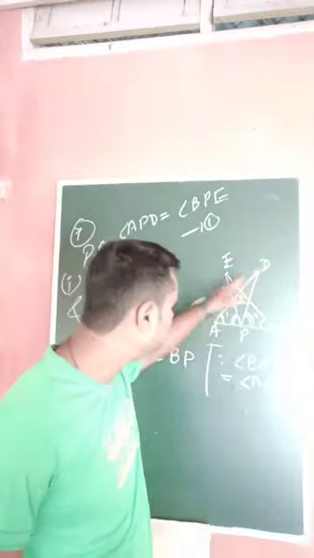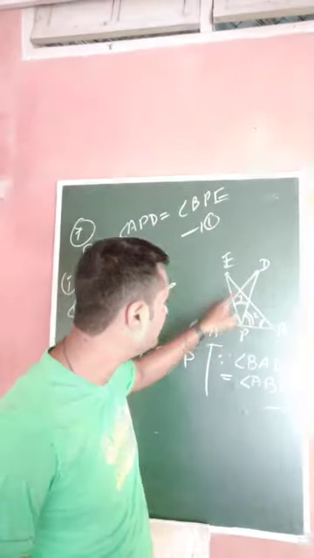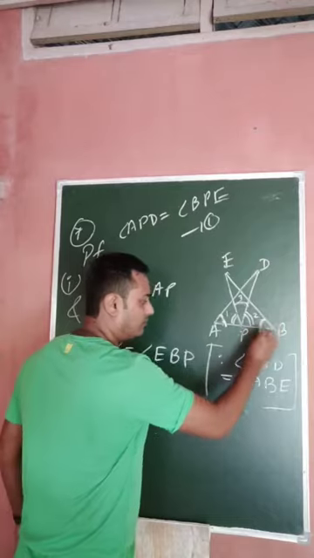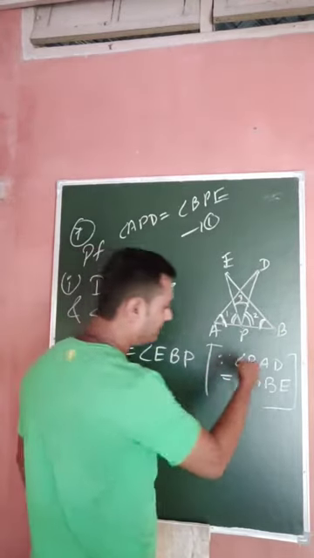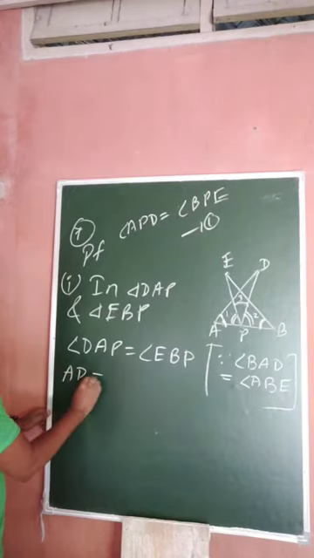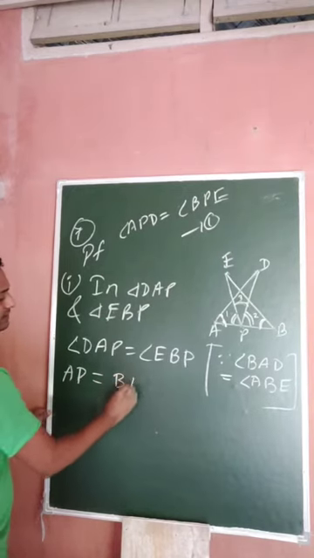It is given that DAB, that means BAD, this angle is equal to ABE. Both are the same, but you have to mention this one.